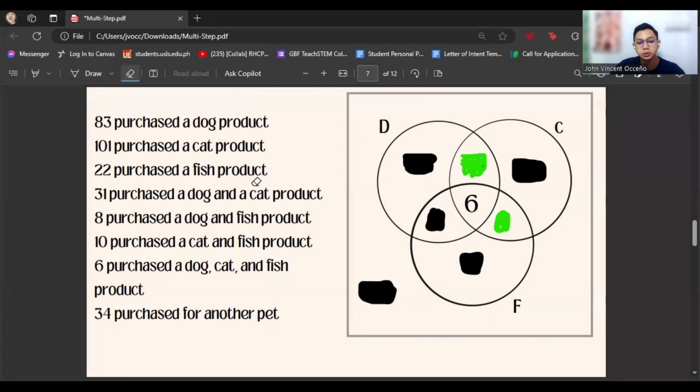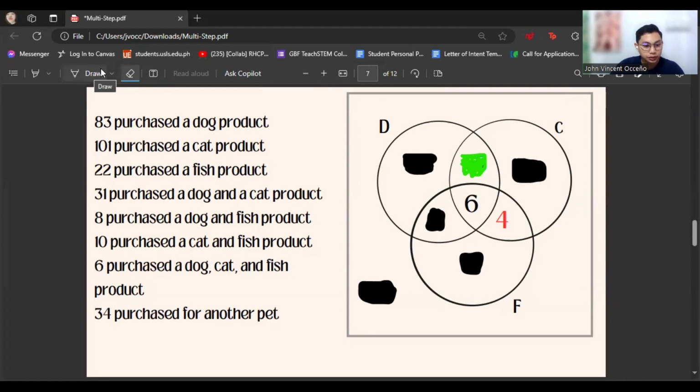So what we do is find 10 subtracted by 6. So we get an answer of 4. Because those 10 people who purchased a cat and a fish product also include the 6 who purchased a dog, cat, and a fish product.